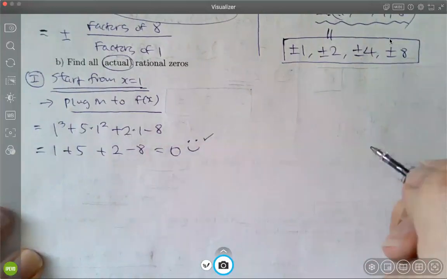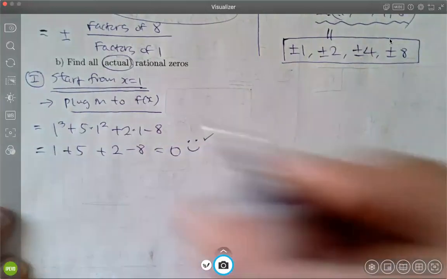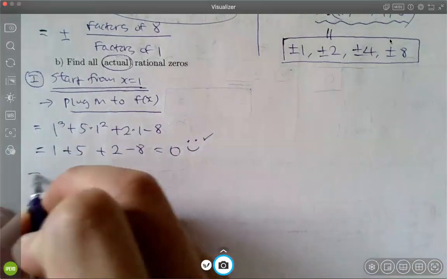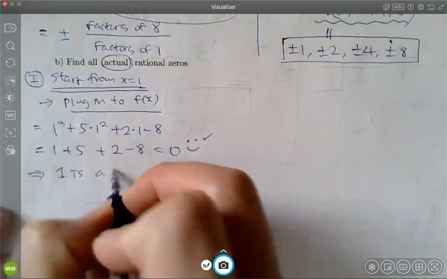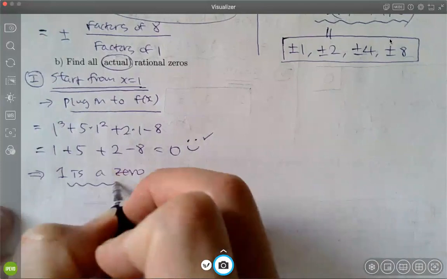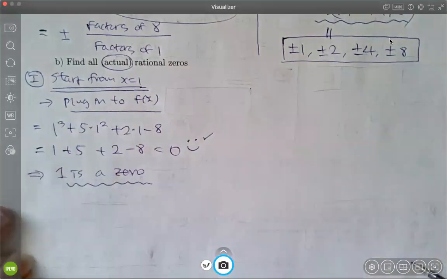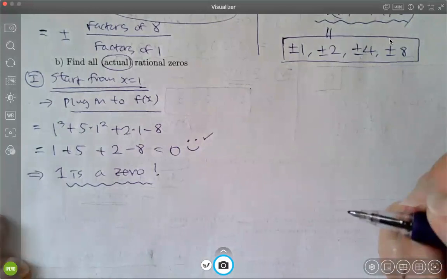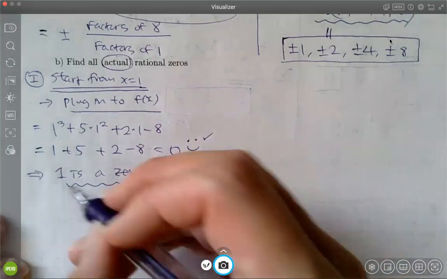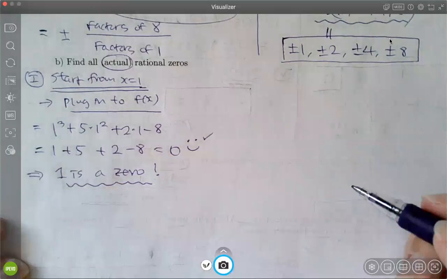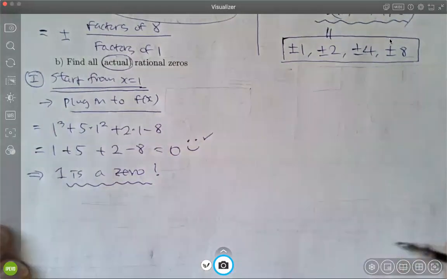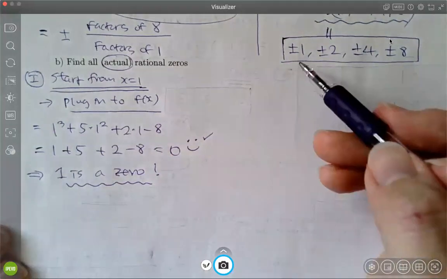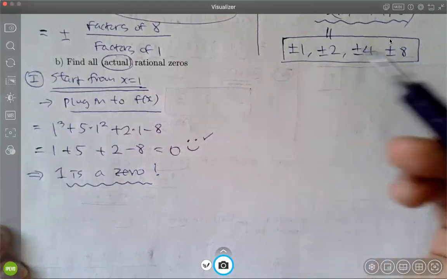Why? Because what does that mean? 1 is a zero, so 1 is an actual rational zero. Remember earlier I said rational can be a whole number, so there we go. Now, do we plug in the next number, -1, and then 2, and then -2, and so on?